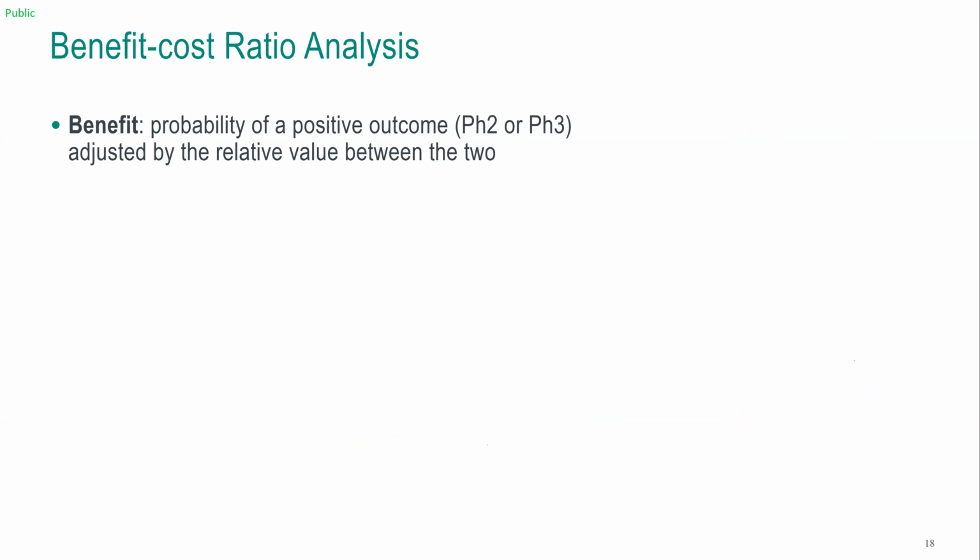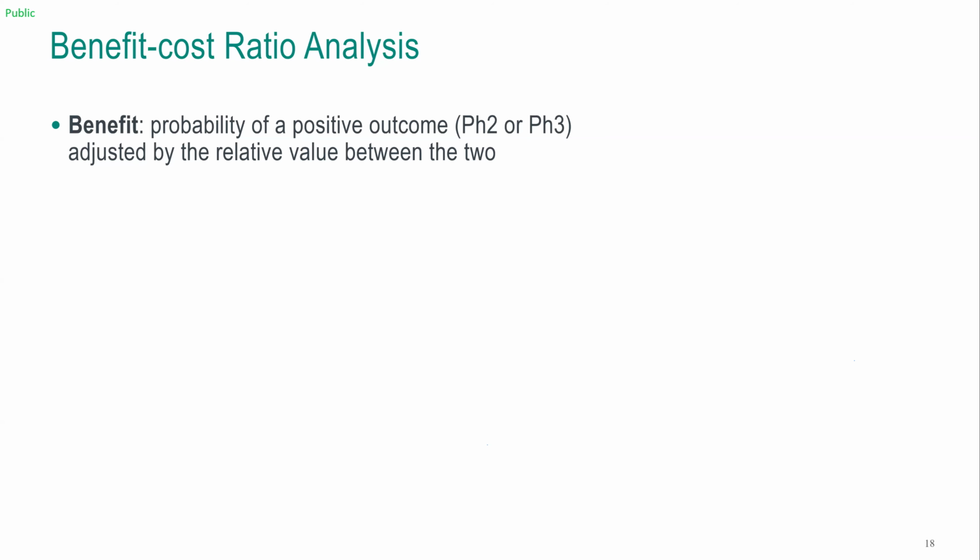The benefit of a program in this case is just the probability of a positive outcome, whether it's phase 2 or phase 3, given that the drug is active. And the probability is adjusted by the relative value between the two. So in other words, it's a value-weighted power of the study.